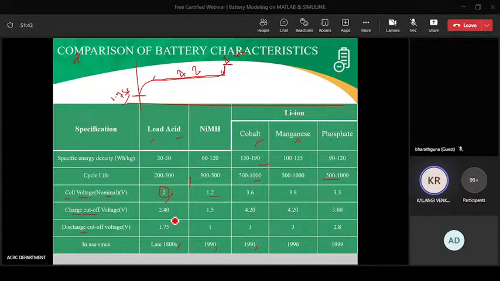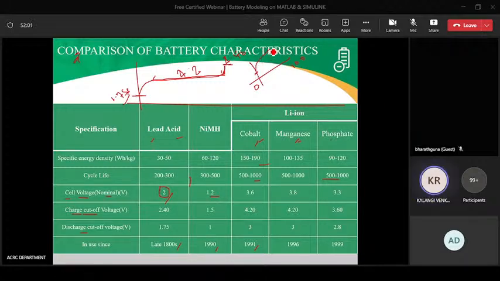So we can charge up to 2.4, right? We can, but when the battery starts charging, it should go from 0 to 100%.